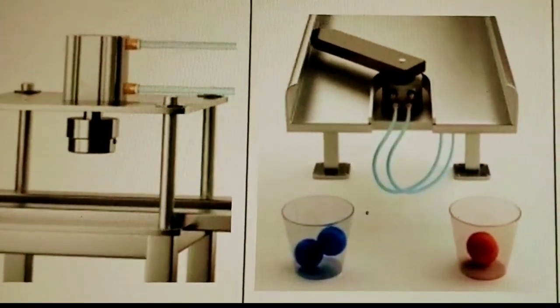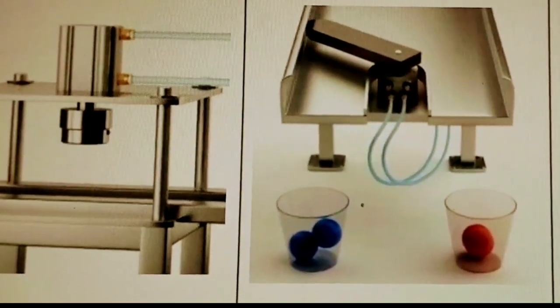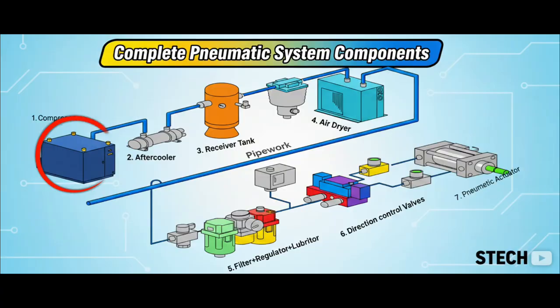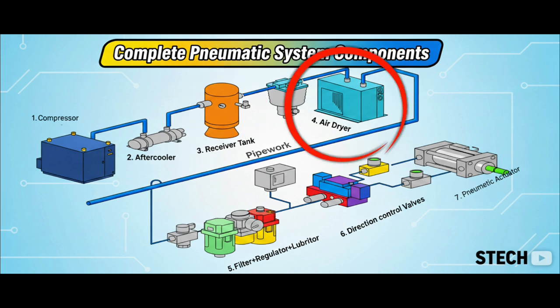Now let's summarize the complete working of a pneumatic system step by step. In step 1, the compressor compresses the atmospheric air. In step 2, compressed air passes through the aftercooler to cool down its temperature. In step 3, cooled compressed air is stored in a receiver tank to avoid fluctuations. In step 4, the stored compressed air passes through the air dryer to remove moisture content.